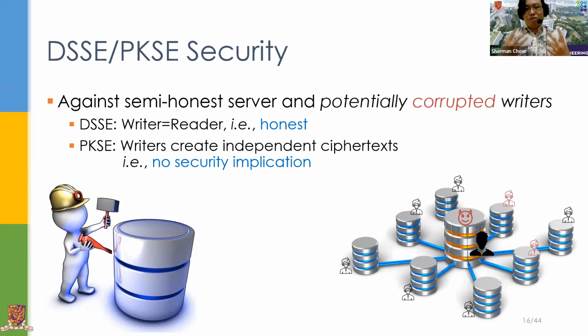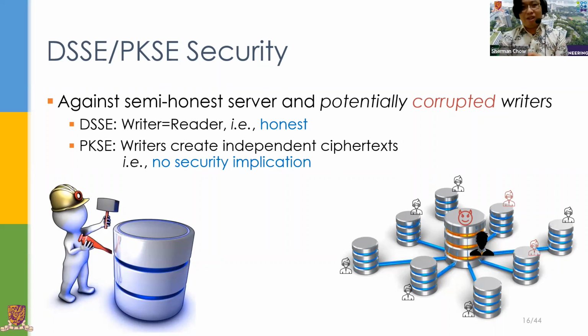So if the writer goes corrupt and the server remains semi-honest, meaning the server just follows the protocol, there is no security implication because the damage is confined to his or her own DSSE instance.